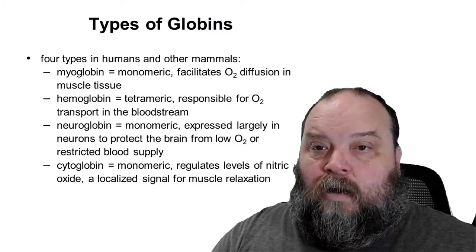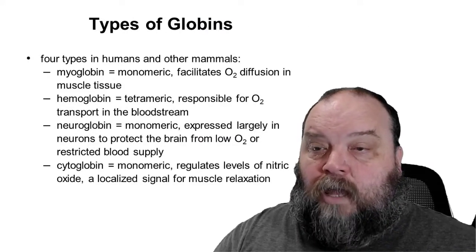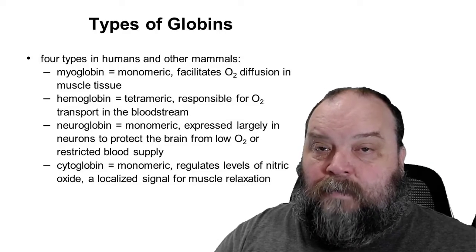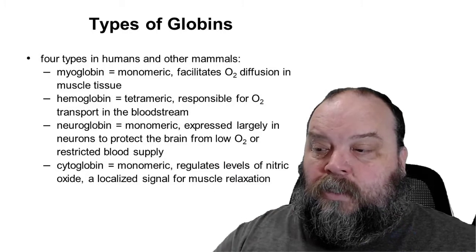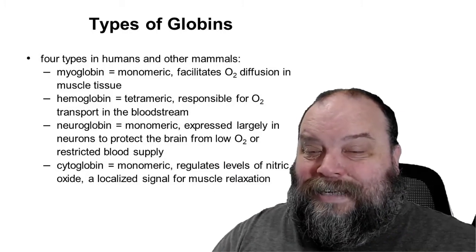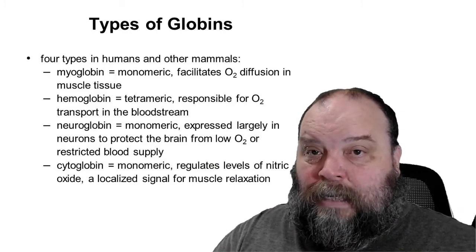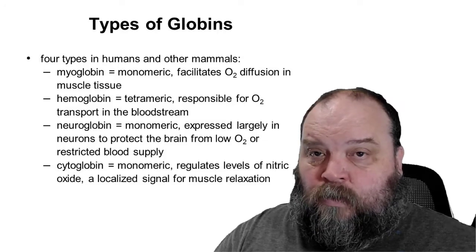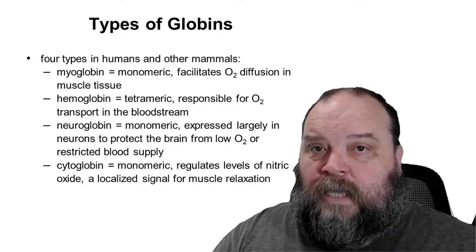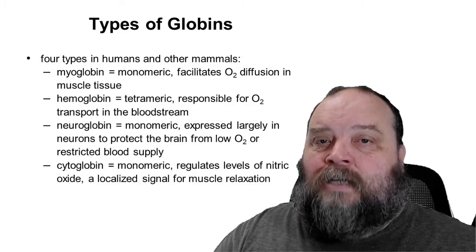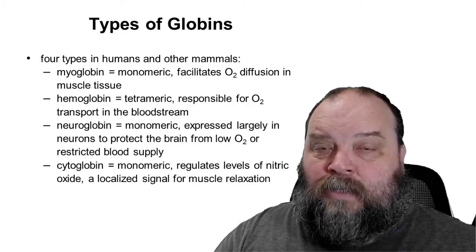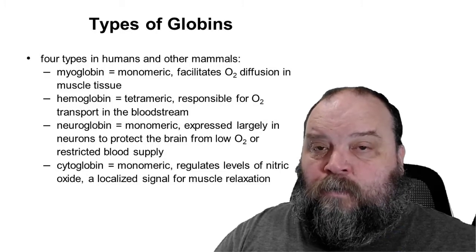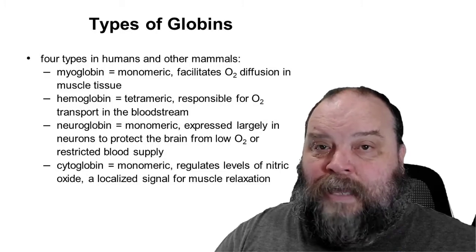So as I mentioned, there are 4 types of globins that we find primarily in mammals: myoglobin, hemoglobin, neuroglobin, and cytoglobin. They are found in different places throughout the body, cells, and tissues, each facilitating the diffusion of oxygen, maintaining a level of oxygen in the tissues for later use by that cell.